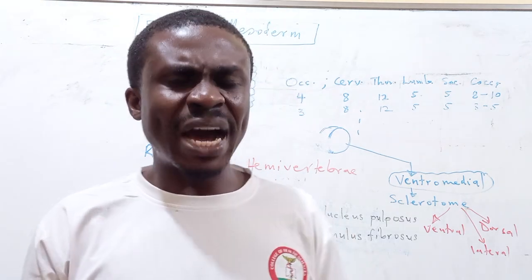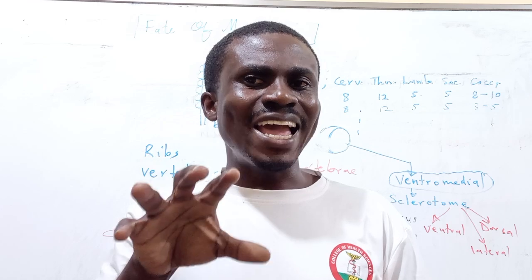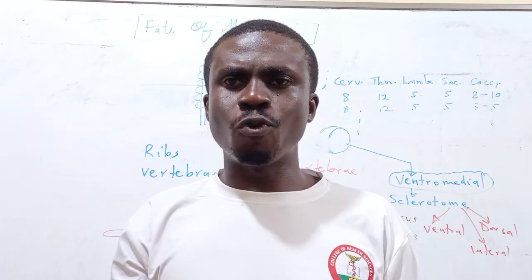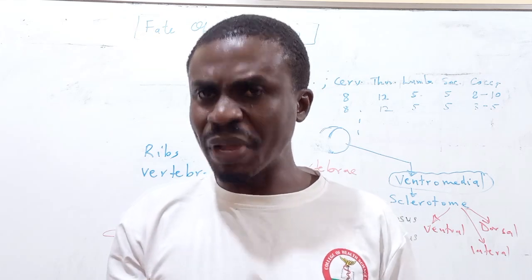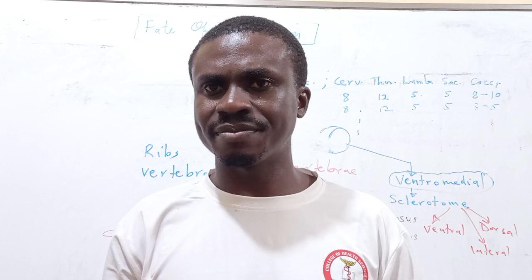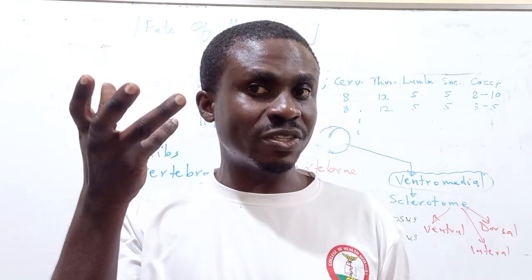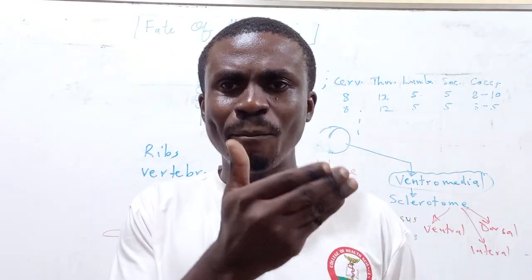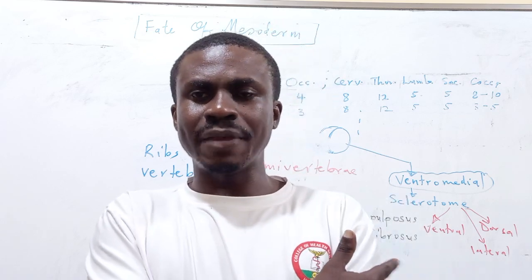Now, but how about the ear ossicles? Ear ossicles largely will be coming from the pharyngeal arch, the mesoderm of the pharyngeal apparatus. So for instance, the middle ear bones, the malleus and incus, will be coming from a cartilage model which you call Meckel's cartilage.